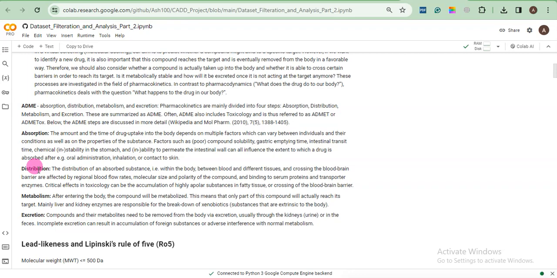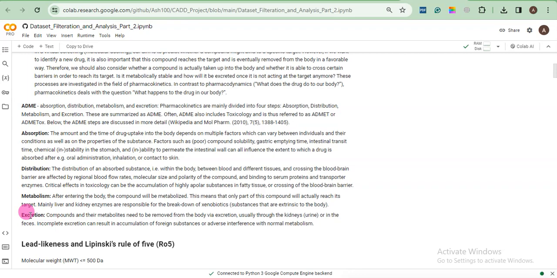The third step is that it should be metabolized. Once it performs its function, we don't want this drug to stay inside the body. Therefore, it should be metabolized, or broken down into pieces. Once it is broken down, it should be able to be excreted through the excretory system.